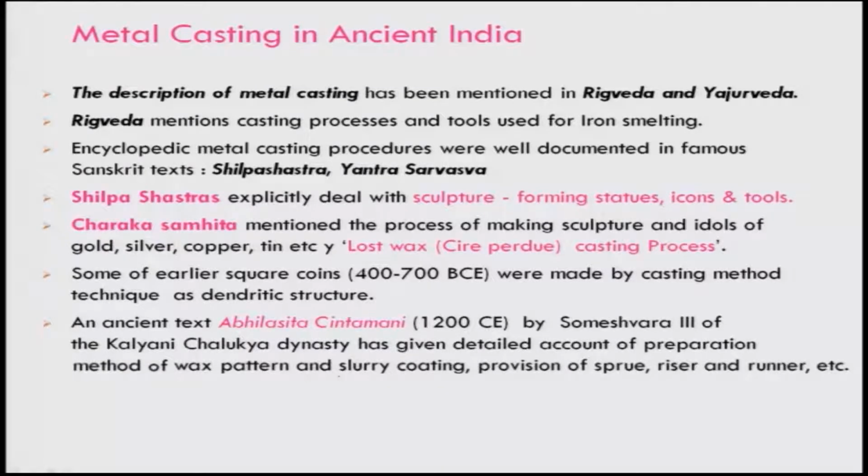Besides this evidence, some of the earlier coins, which date back to 400 to 700 BC, were manufactured by casting techniques, showing dendrite structures. Dendrite basically means tree-like structures.